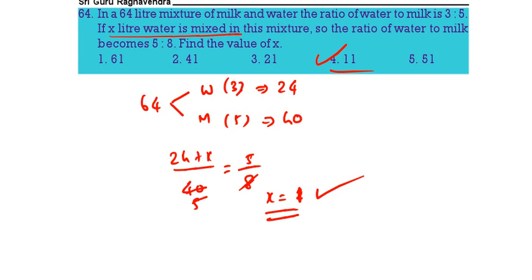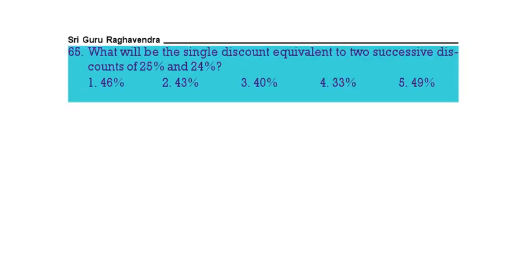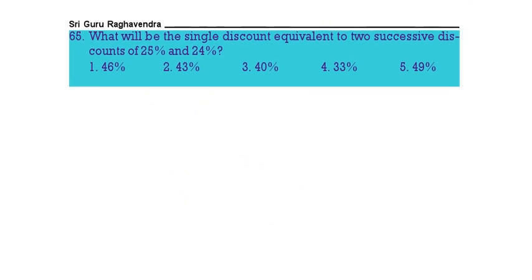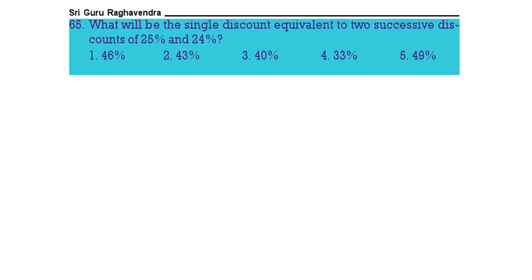Next question, see the last one for quantitative aptitude, then we will start reasoning. What will be the single discount equal to 2 successive discounts of 25 and 24? So discount of 25 means minus 25, discount of 24 minus 24. So we are using the formula x plus y plus xy by 100. Since it is a discount, I am keeping the minus symbol.